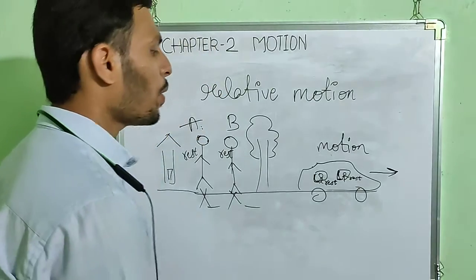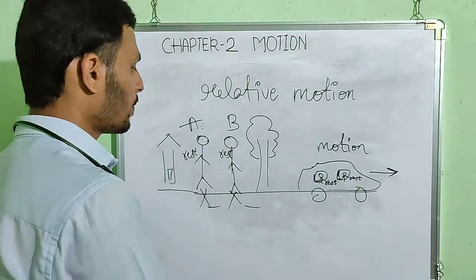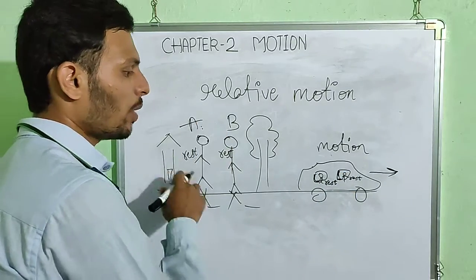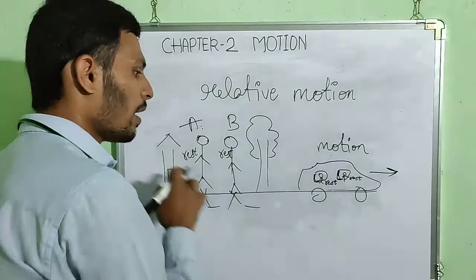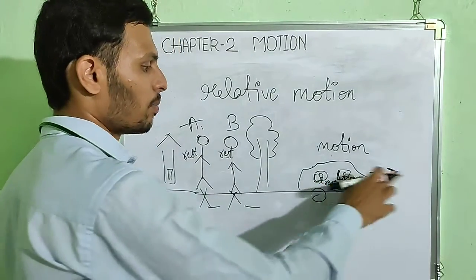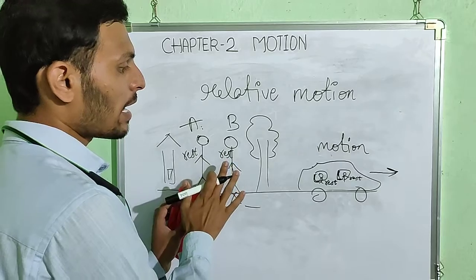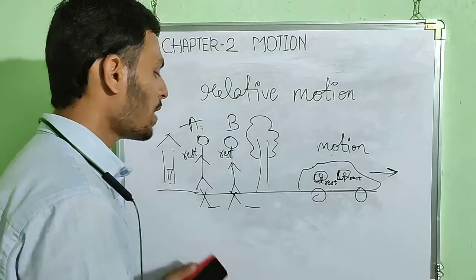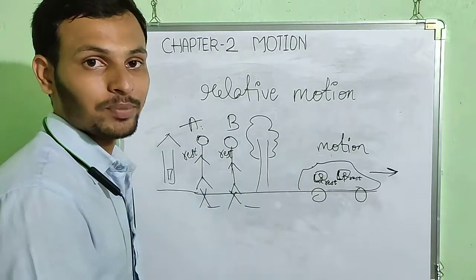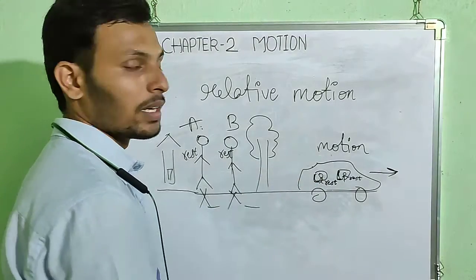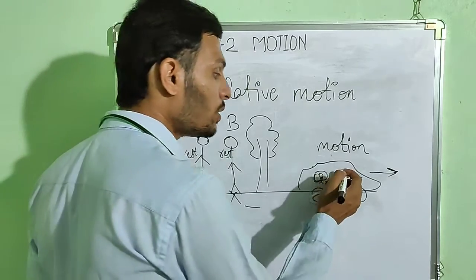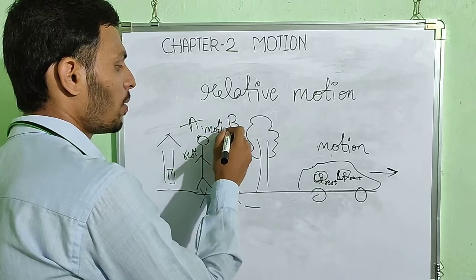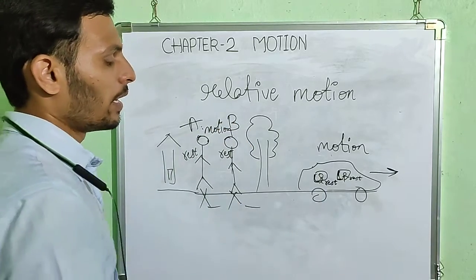Now if they see outside the car, A is standing over here. If they watch A while they are moving, though A is at rest, standing at a still position, the car is moving. So the distance is increasing. So according to them, he is in motion. I'll explain again.